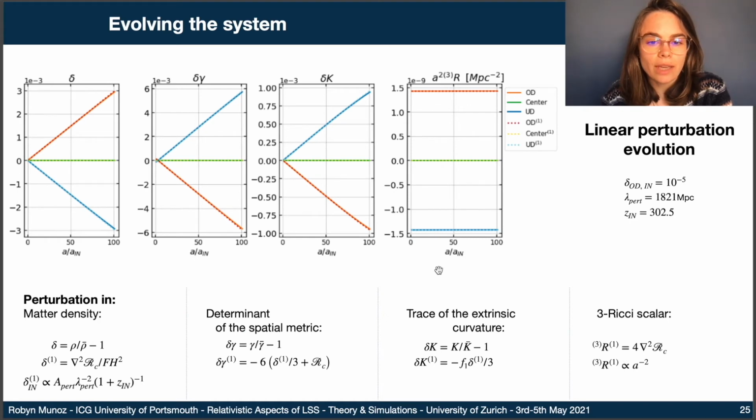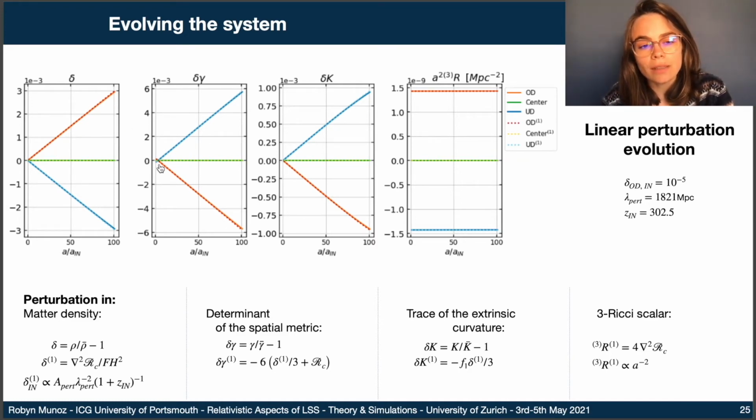So let's see what we get from this. This is for a linear simulation, and you see here I plotted the various contrasts and the conformal free Ricci, and I plotted these throughout the simulation at specific locations. Now let's first look at the overdensity. So the overdensity will have a higher density than the background, and this will grow throughout the simulation.